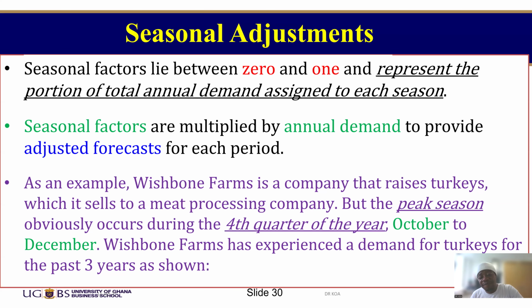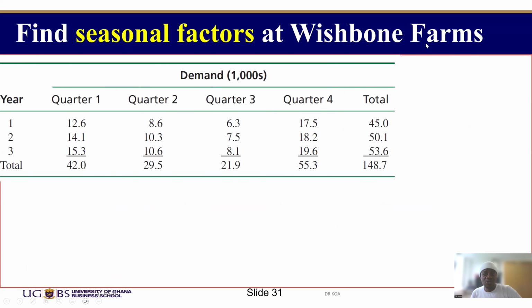Now, Wishbone Farms has experienced a demand for turkeys for the past 3 years. So I'm going to show you the 3-year data, and the data is also split according to each season. If you look at this data, in the first quarter of year one, the demand was 12,600.